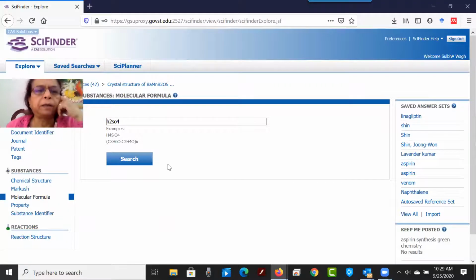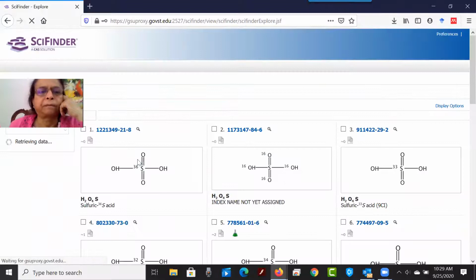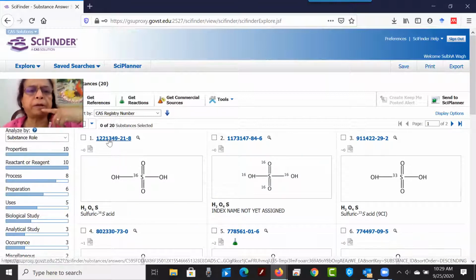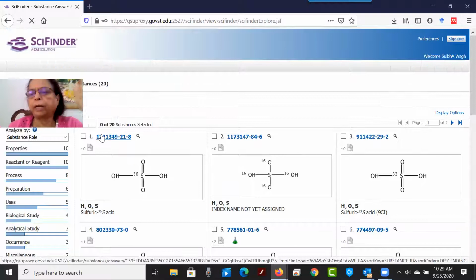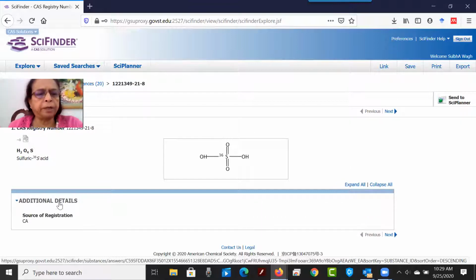And here is this. It tells me sulfuric acid, you know that. And like I told you, this is the chemical abstract number, which has a unique identity. You can look at it and it will give you all the properties, additional details, everything.